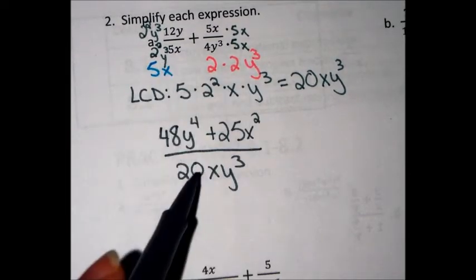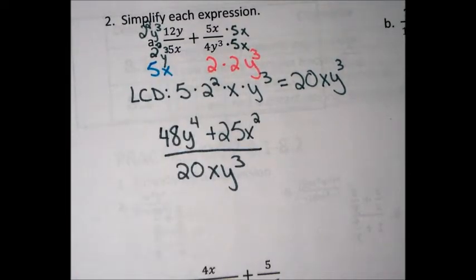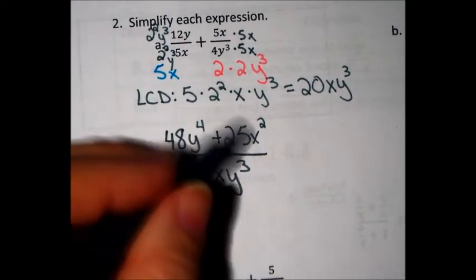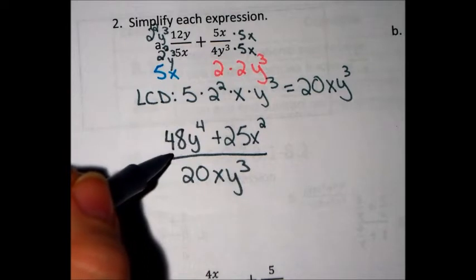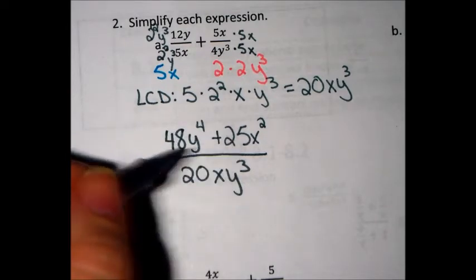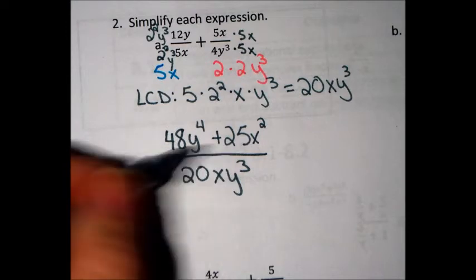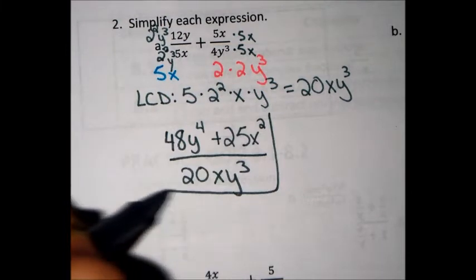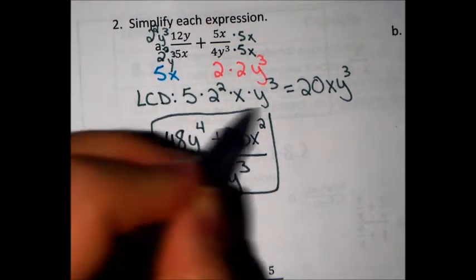And I've already done my denominators. They became the LCD. So I'm checking to see if there's anything I can take out of both of those on the top. There isn't. I can't factor them because they're not two perfect squares with a minus in the middle. So this just becomes my final answer.